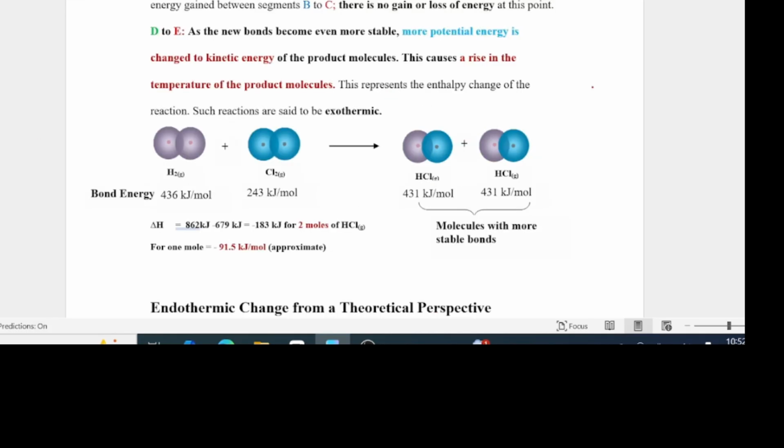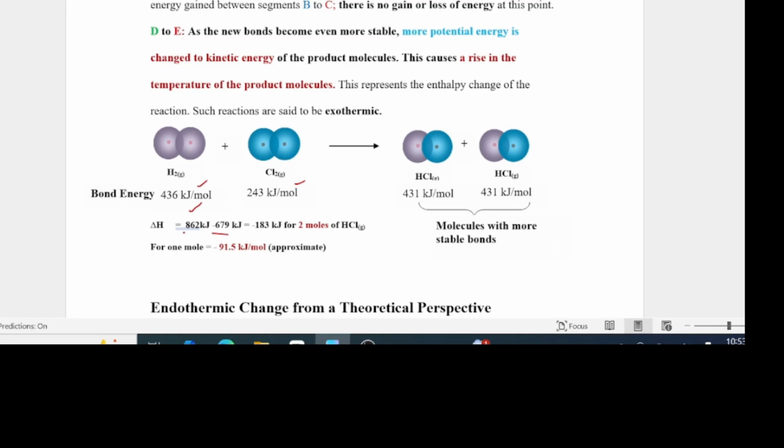If you compare the bond energies of the products with that of the reactants, you can see here that the product molecules have a total bond energy of 862 kilojoules, while the total bond energy of the reactants was 679 kilojoules.